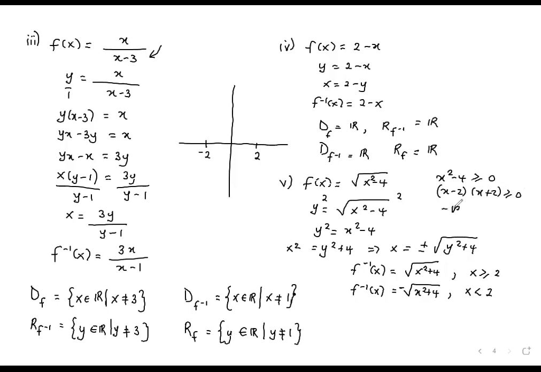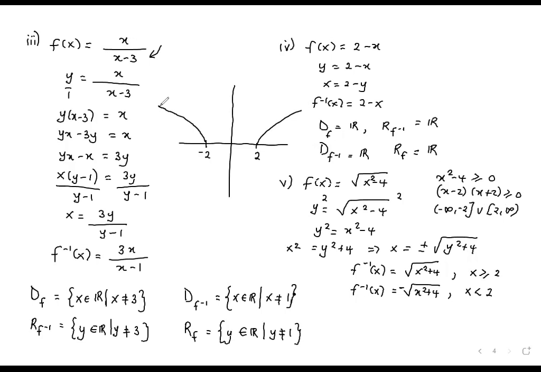So it will be from negative infinity to negative 2, union 2 to infinity. And it is going up, it's going up like that.